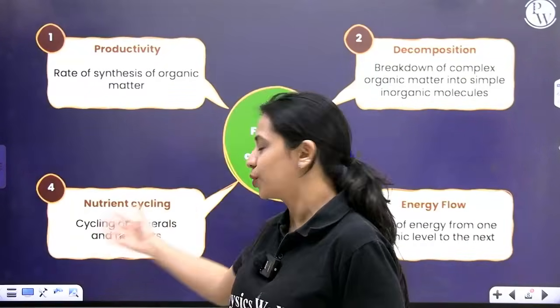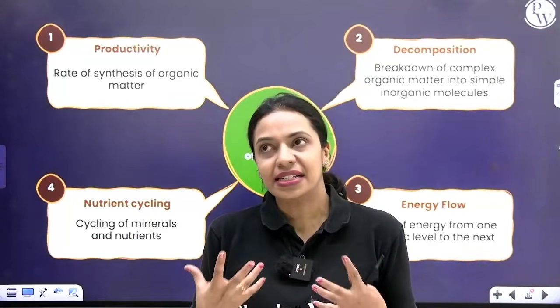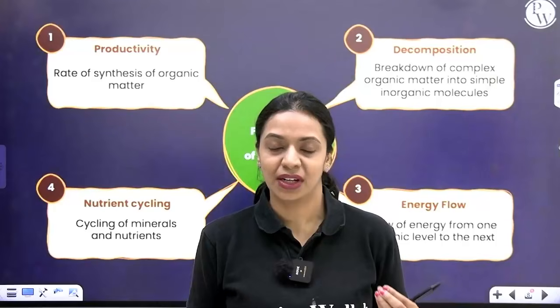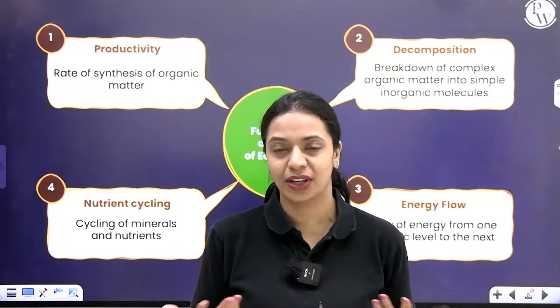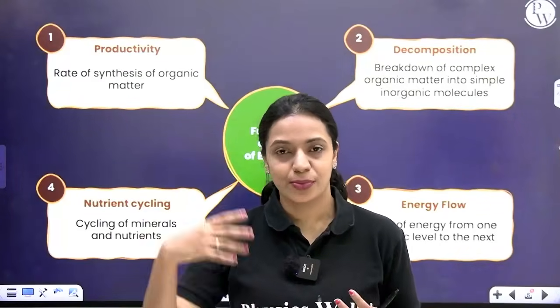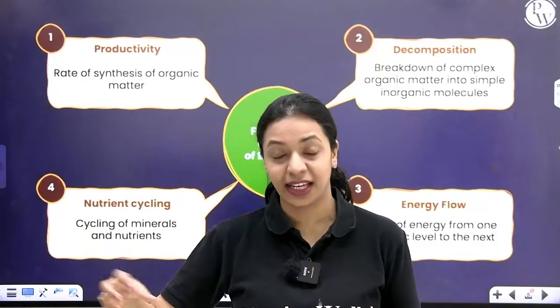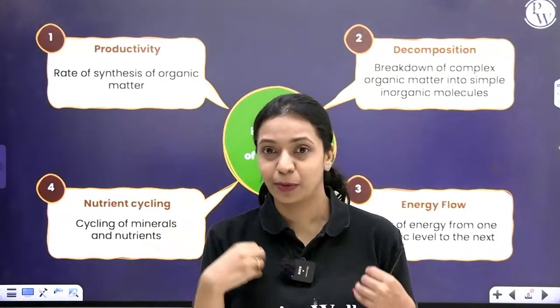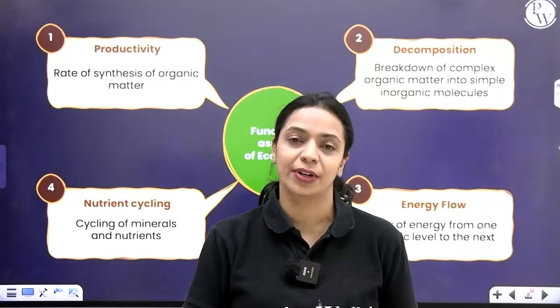And lastly, nutrient cycling. Nutrient cycling is basically how between biotic and abiotic components, several nutrients get cycled. For example, carbon. Carbon dioxide is present in the atmosphere. Plants take it in, they convert that into glucose, and then when we eat plants and we respire, we give out carbon dioxide.